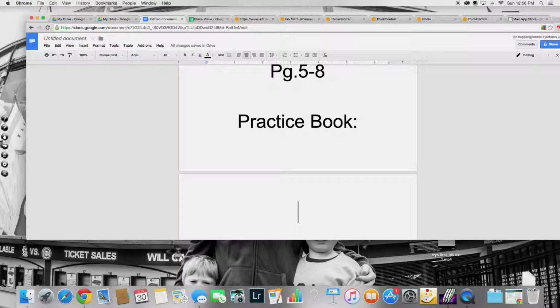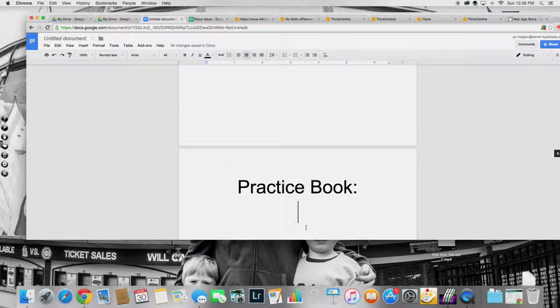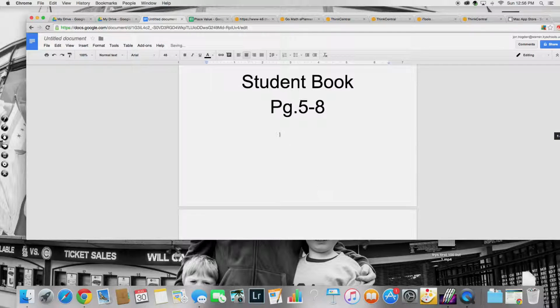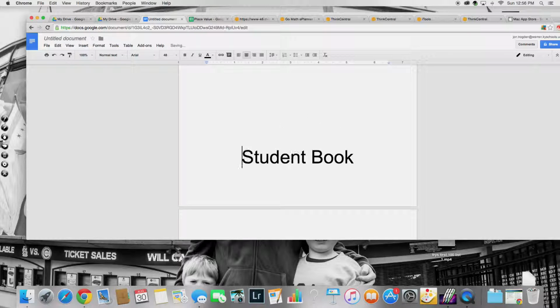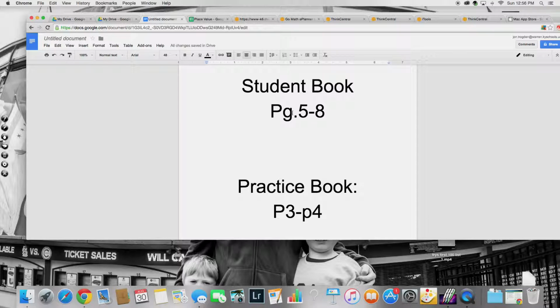P3, P4. That's what I'd like for you to do. And then we will work together here in just a moment. But there's what I'd like for you to do.